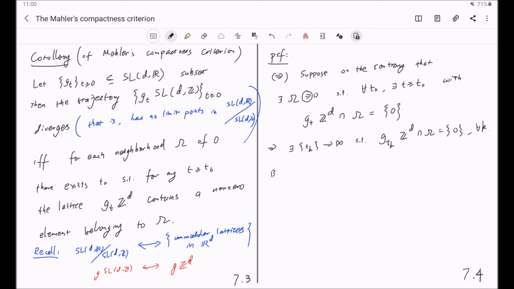So by Mahler's compactness criterion, the sequence g_{t_k} Z^d is precompact. So what do you know from the precompactness of a sequence?